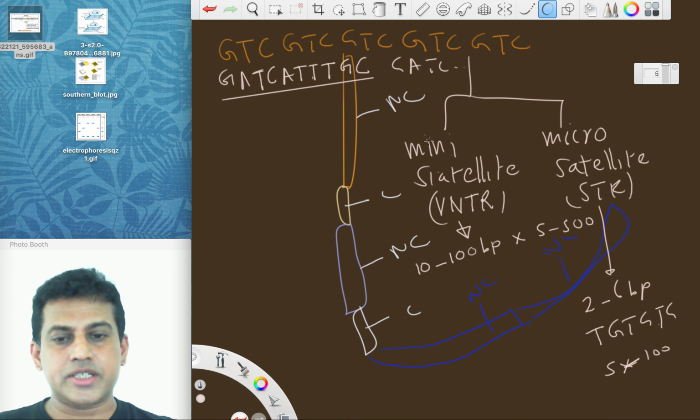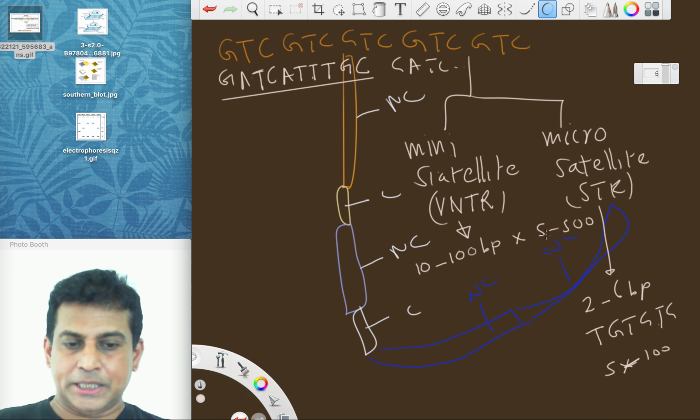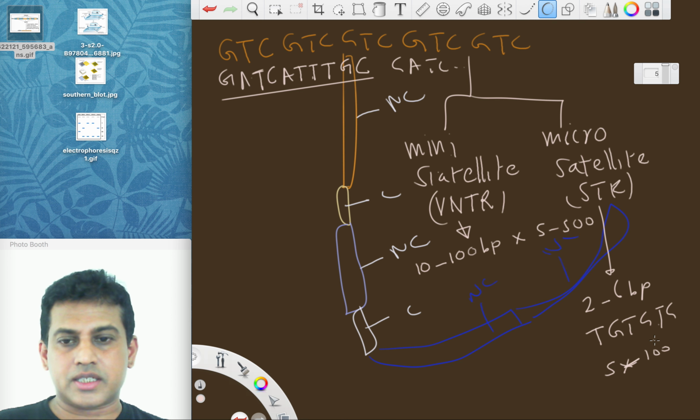So these are the regions we can see in non-coding regions. Mini satellite, they are 10 to 100 base pairs, repeating 5 to 500 times. Microsatellites, they are short sequence like 2 to 6 base pairs and repeating 5 to 100 times. That's the architecture of the non-coding regions.